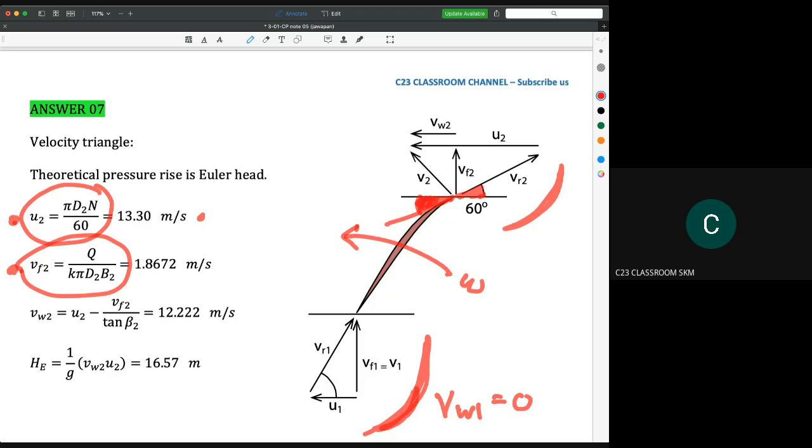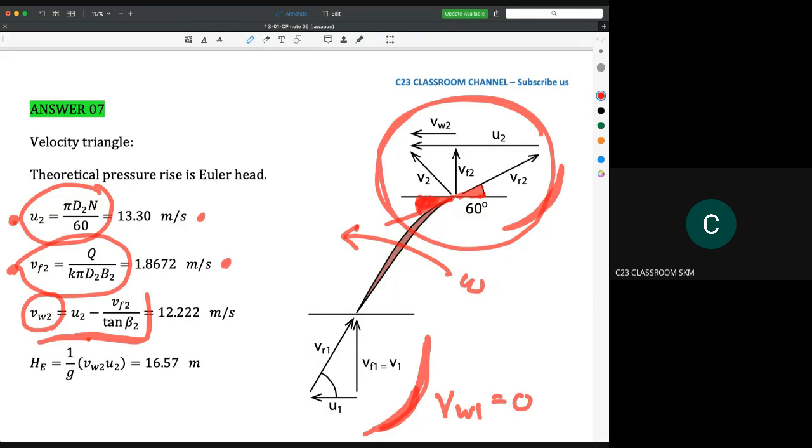Then we calculate V2 by looking at the velocity triangle at the outlet. I think you are quite familiar with this equation, so I will not explain it here. The value of V2 is 12.222 meters per second.